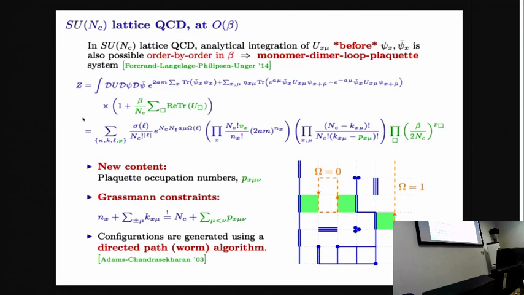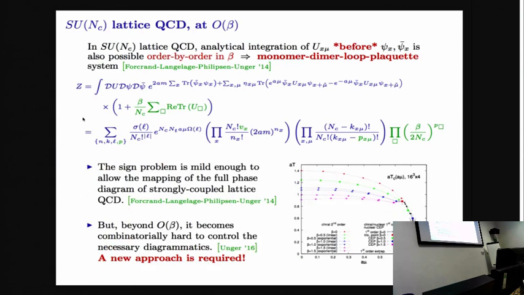But again, you can simulate this system very efficiently with a worm algorithm. And the sign problem is still mild enough to allow numerical simulations, and in particular, you can map the phase diagram of lattice QCD at this order beta very efficiently.